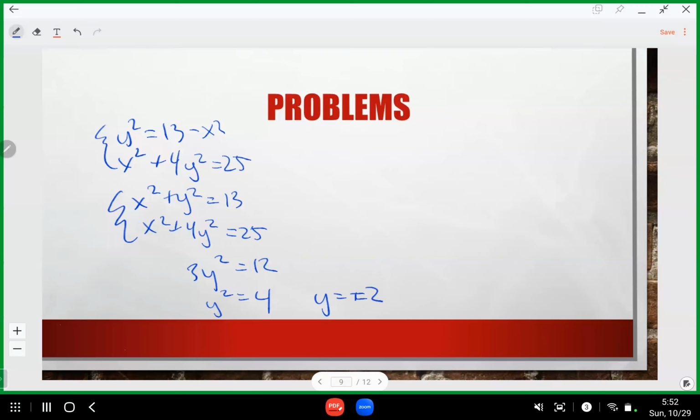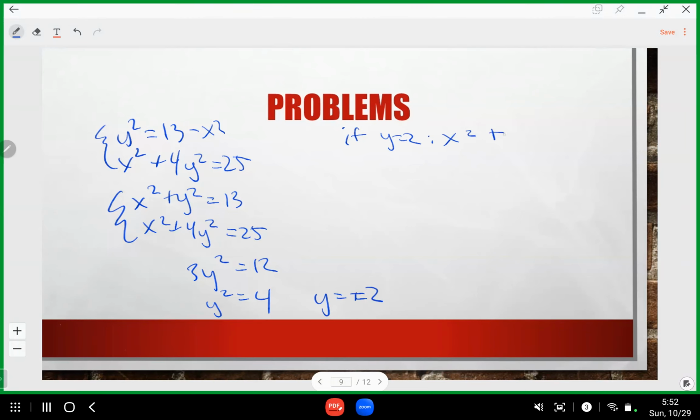And then I plugged a positive 2 into the second equation. So x squared plus 4 times 4, which is 16, equals 25.